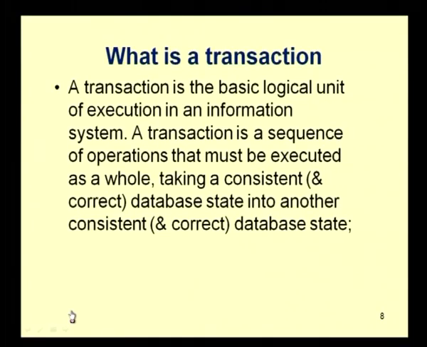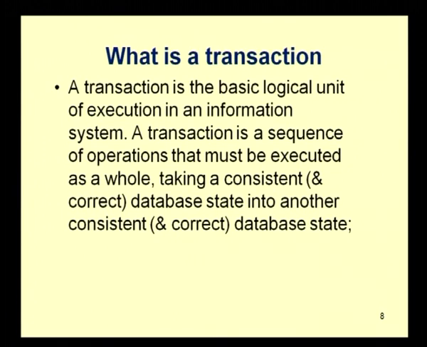As I already explained, a transaction is a basic logical unit of execution in an information system, and it is a sequence of operations. What is important is that the whole sequence has to be executed as a whole, and it has to take the database from a consistent and correct state to another consistent and correct state.